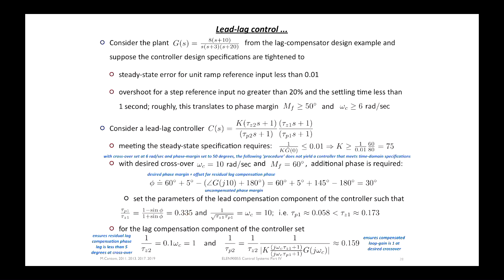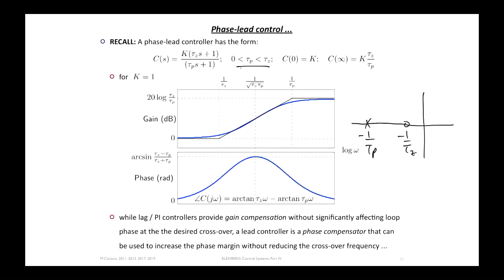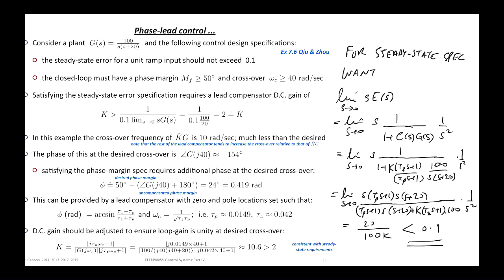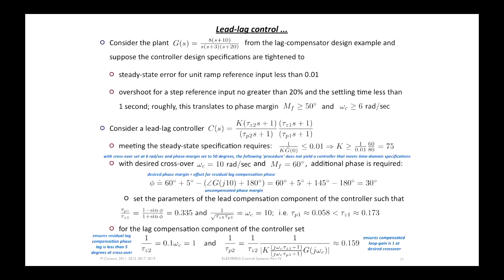This is just rewriting this equation by taking the sign of both sides, right? To make it obvious that I know phi, so this tells me that tau p is some number times tau z1, which I can substitute in here to just get an equation for tau p, right?